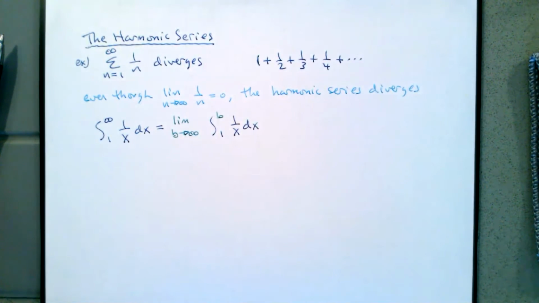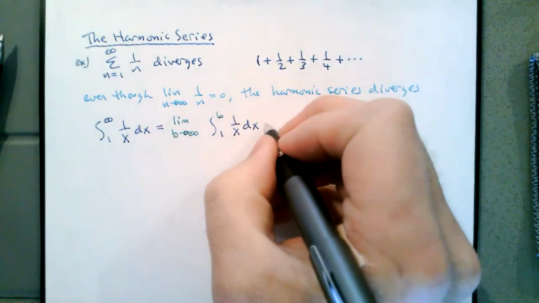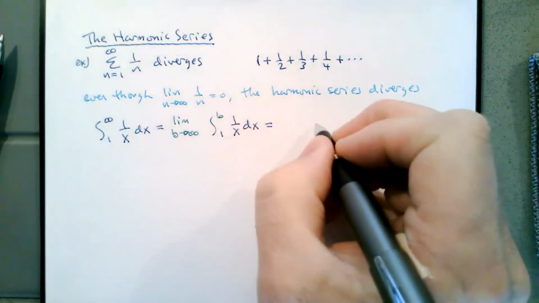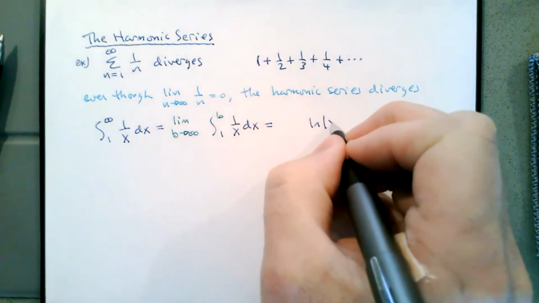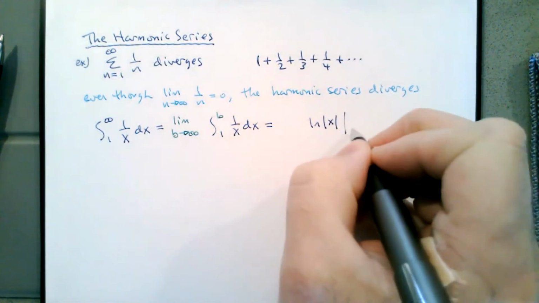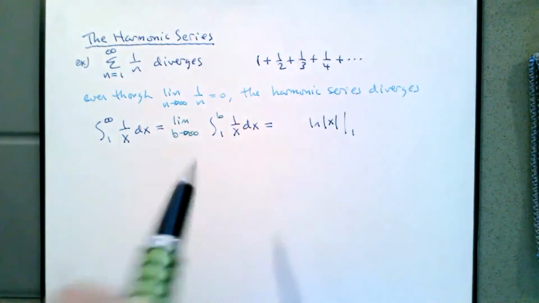Now we can find the antiderivative. The antiderivative of 1 over x is natural log of x. We're evaluating from 1 to b.